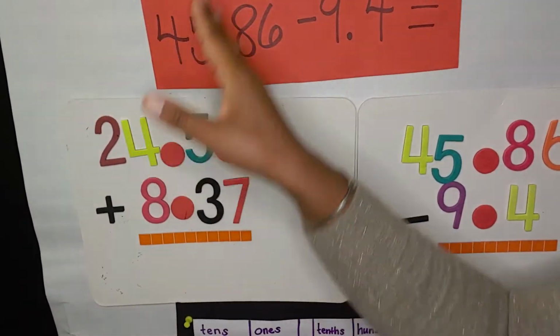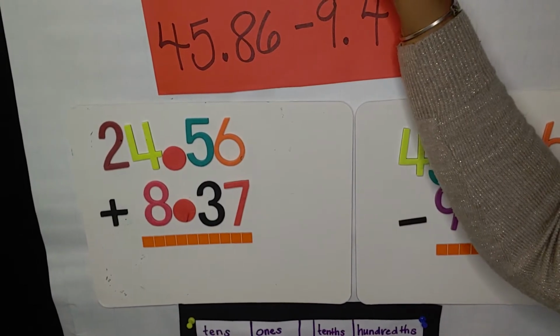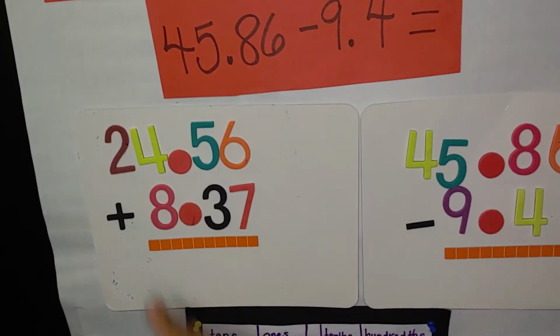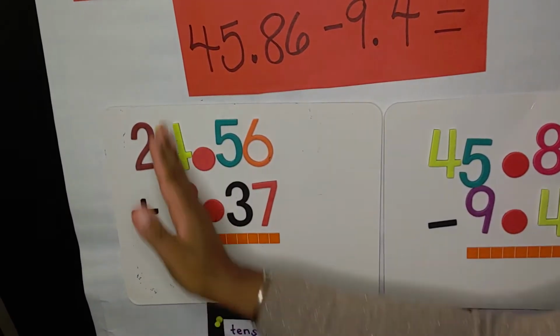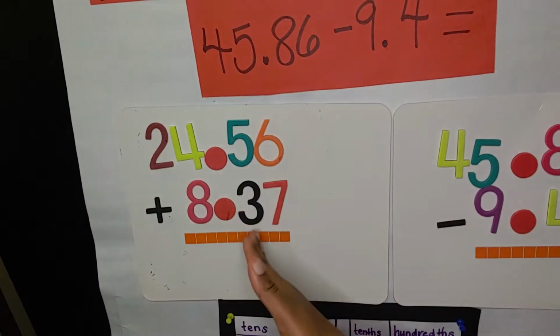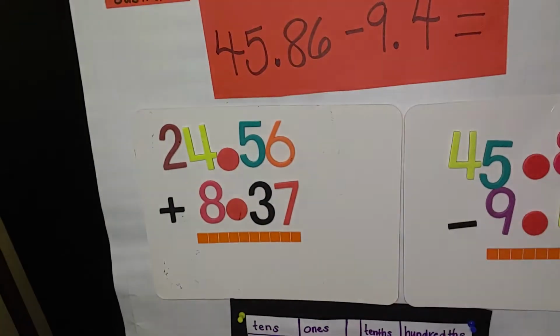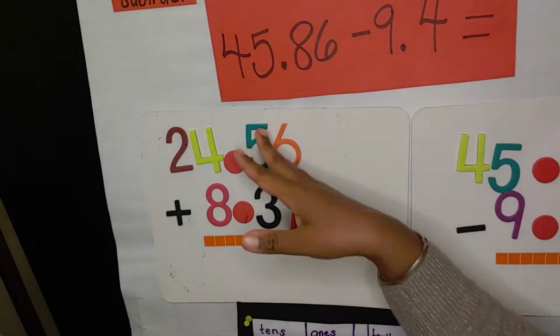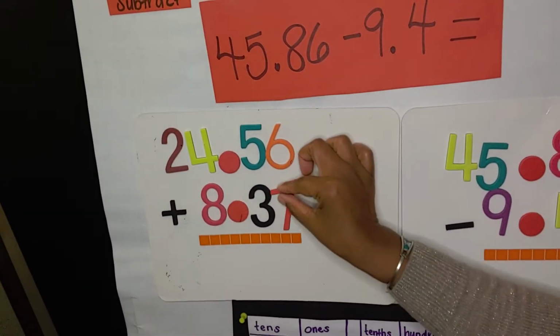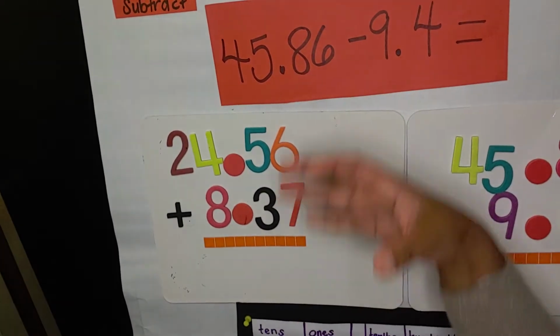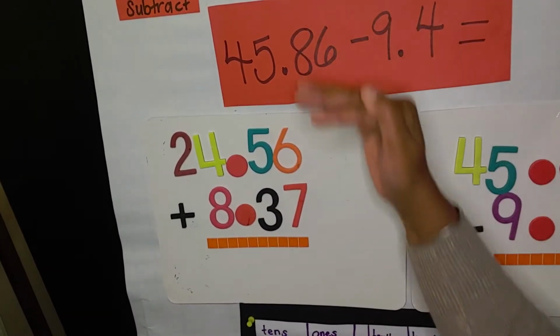So if I'm going to reposition this 8.37, I have to make sure that my ones digits are aligned together. My tenths, my hundredths, my tens place over here. If you've been following me, you understand why I say tenths and hundredths, because I want to make sure you know that I'm referencing the decimal side, the parts side.